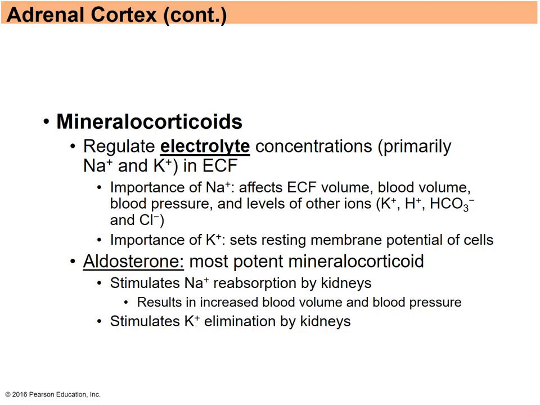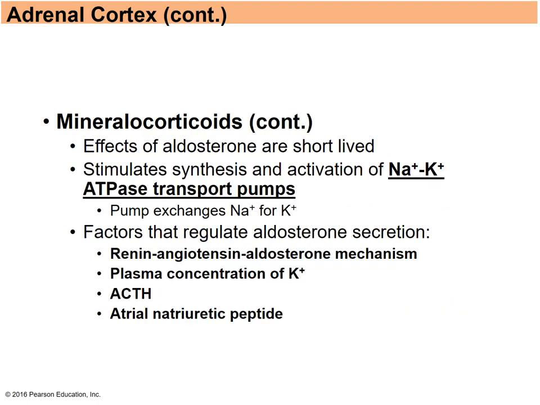As I just mentioned, sodium plays a huge role in blood pressure. It's also going to be involved with blood volume. Aldosterone is also going to help stimulate the release or elimination of potassium by the kidneys. So if there's too much potassium, let's get rid of it through the kidneys.